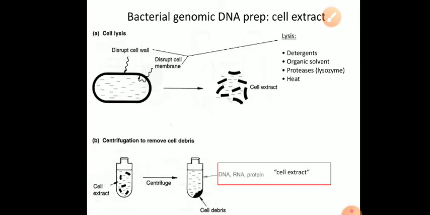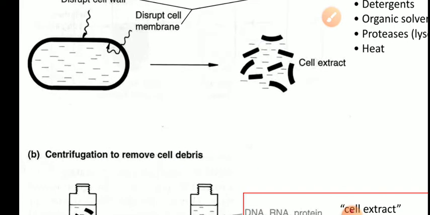Okay, you have to add it to the cells, you can say pellet. When you add it to the cell pellet and centrifuge it, the cell lysing chemicals will break the cell wall, they will break the cell membrane, and all the cellular contents will come out. And whatever suspension you now get is called cell lysate.